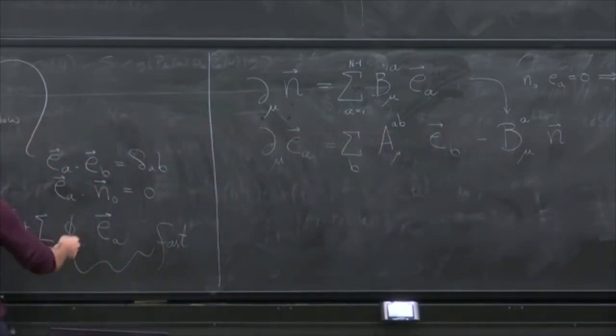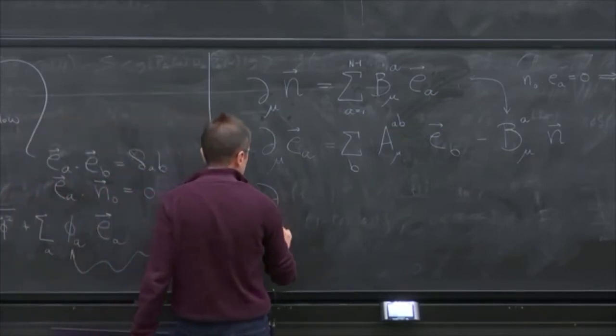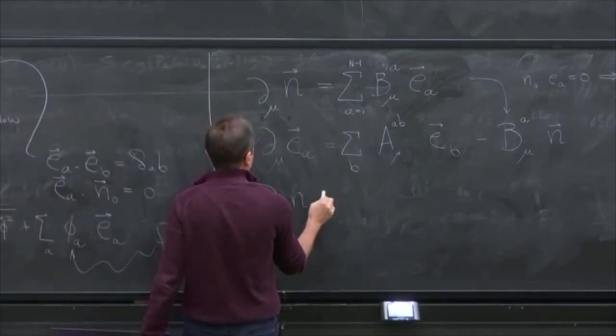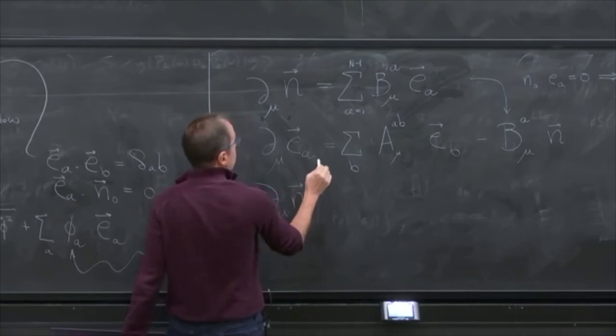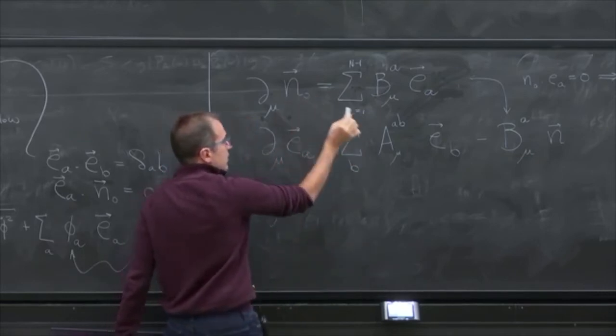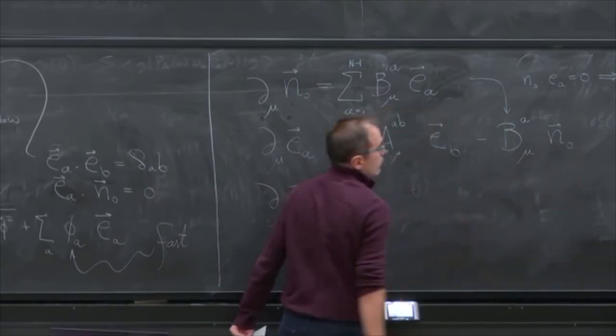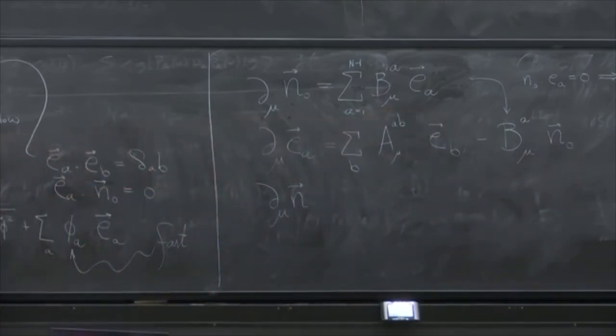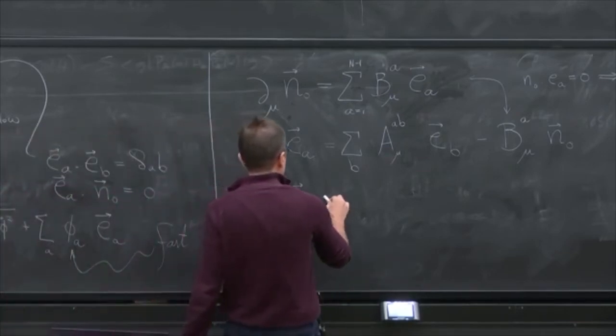Okay, so we learned how to take derivative of our directions. Now we can just take derivative of this expression, the derivative with respect to mu of our vector n. Sorry, you should have corrected me here. What is wrong here? n0 and 0. So now we know how to take derivative with respect to n. We can now take this derivative and let's group things like this.